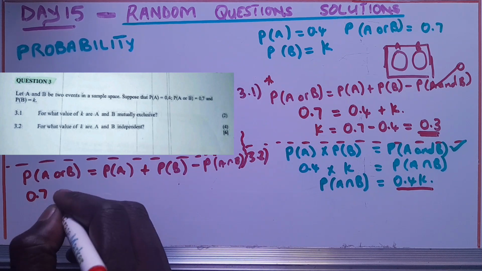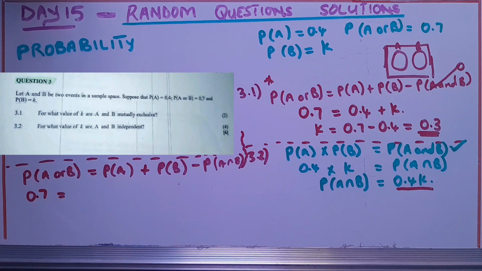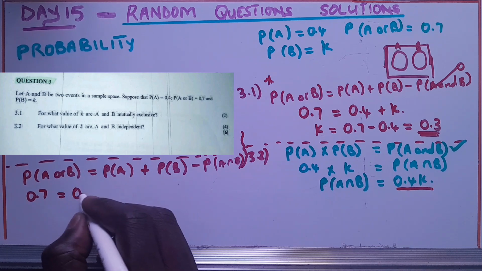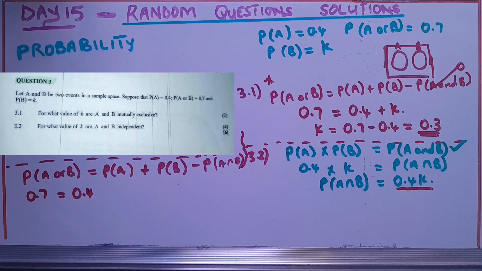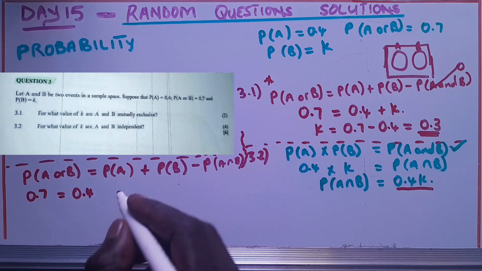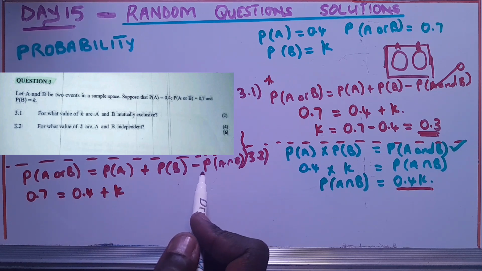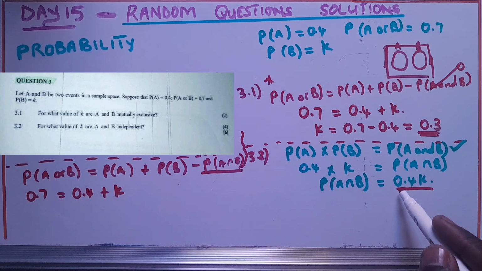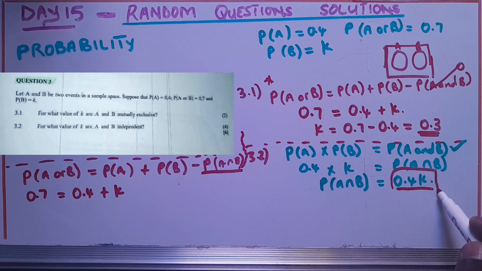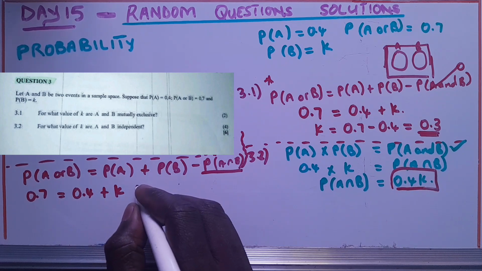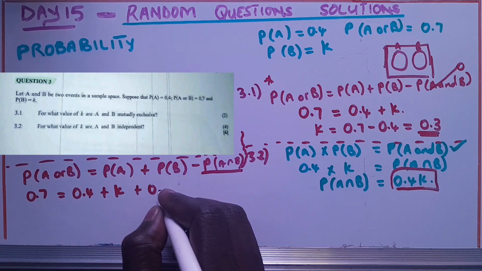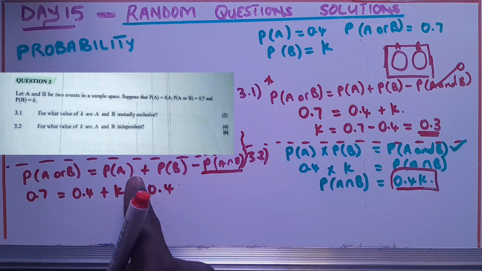It was given that it is 0.7, and the probability of A is given as 0.4, and the probability of B is given as K, and the probability of A and B we have solved to be 0.4K. So this will be minus 0.4K.